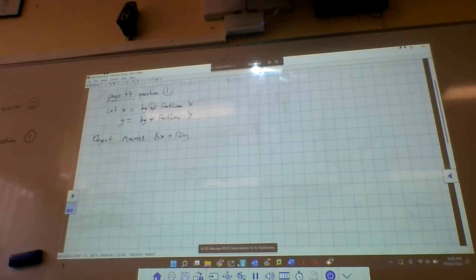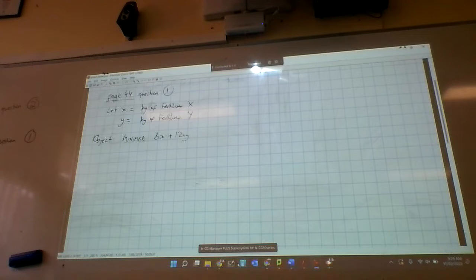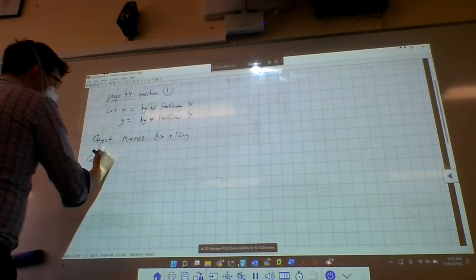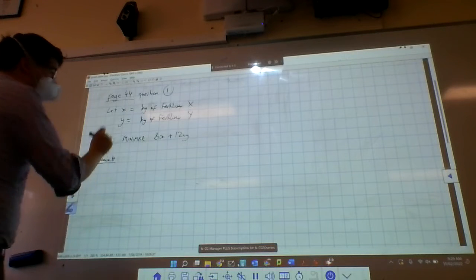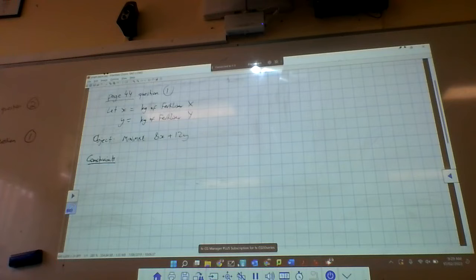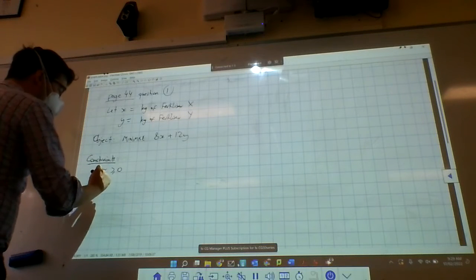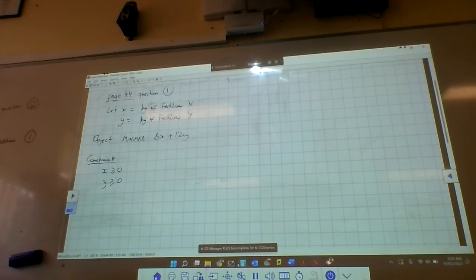We then do our constraints. If we're using fertilizer, can we only use a positive amount of fertilizer? Yes. And we haven't been told that there's a limit, maybe the supplier only has 1 million kilograms of a certain fertilizer. We're not told that. So we know that X has to be greater than 0 and Y has to be greater than 0.